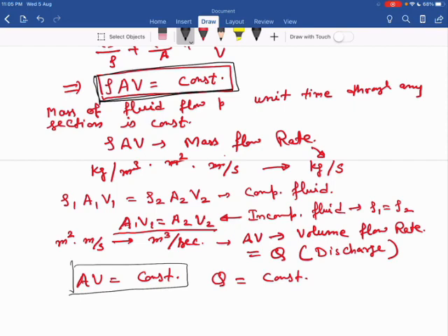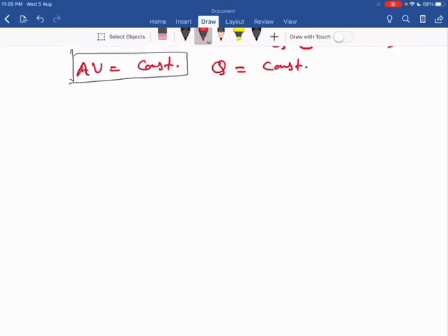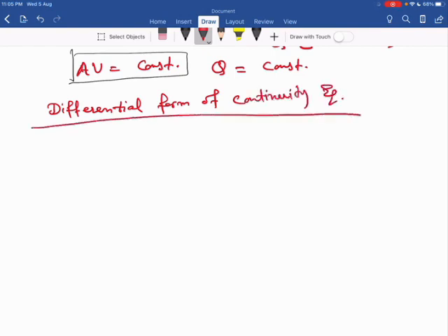Now next I try to derive the Cartesian form or the differential form of continuity equation. This is also the same as the Cartesian form, means we try to derive the continuity equation along x, y and z coordinates.